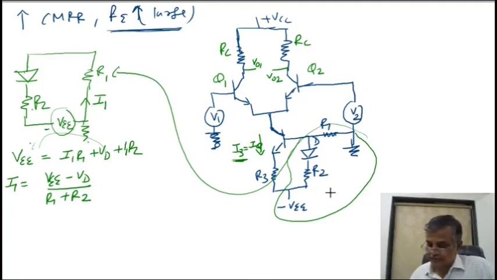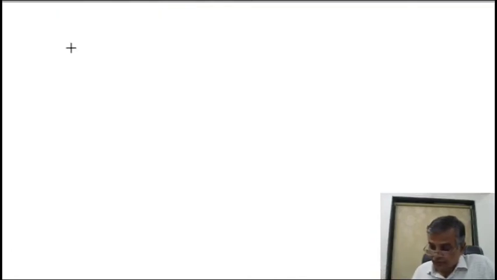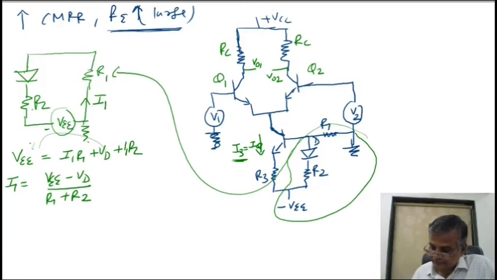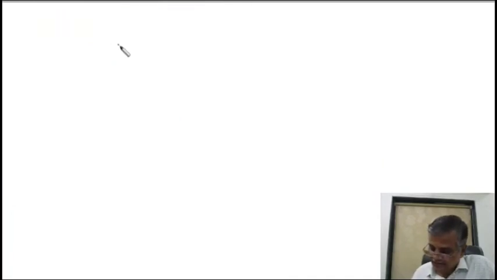For this section, this circuit I am showing you now. Look carefully. This is represented by VB3.